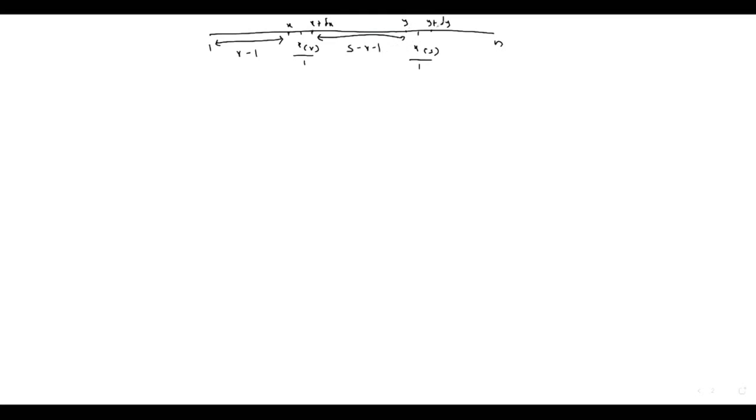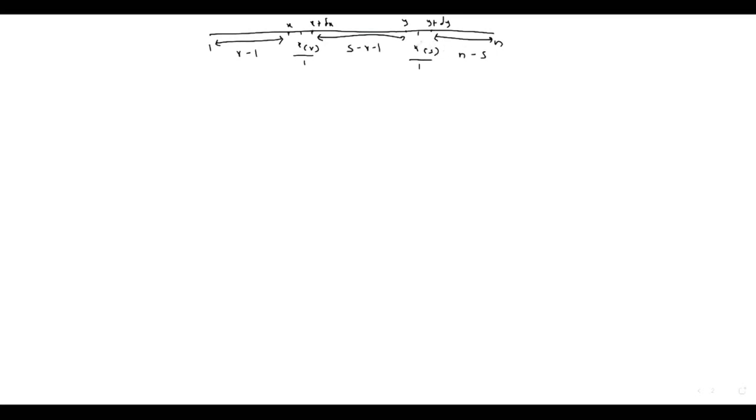In the region y to y plus delta y, I have a single element. The remaining region is the last one, from y plus delta y up to the last value, X of order n. There are n minus S elements, because up to y plus delta y I have S elements.